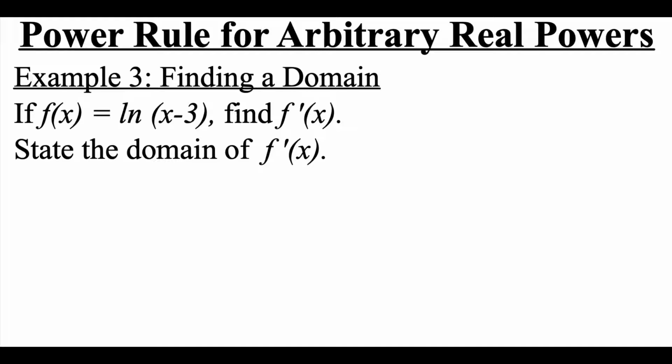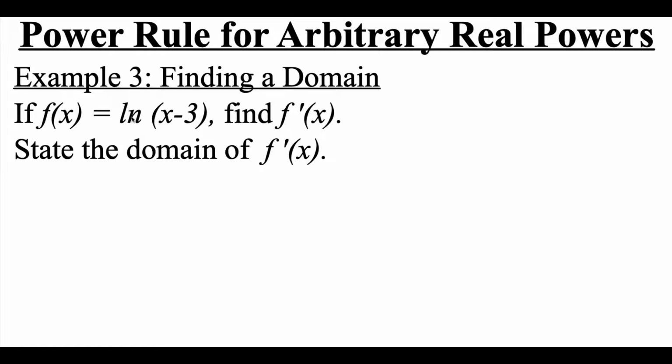Taking a look at this example, this one's a little bit different. We're going to be looking at finding a domain. So we've got the function f of x equals the natural log of x minus 3. We're going to find the derivative of f of x, and we're also going to state the domain of f of x. Now, as we're looking at this original function f, because it's a natural log, you're not allowed to do logarithms of negative numbers or 0.